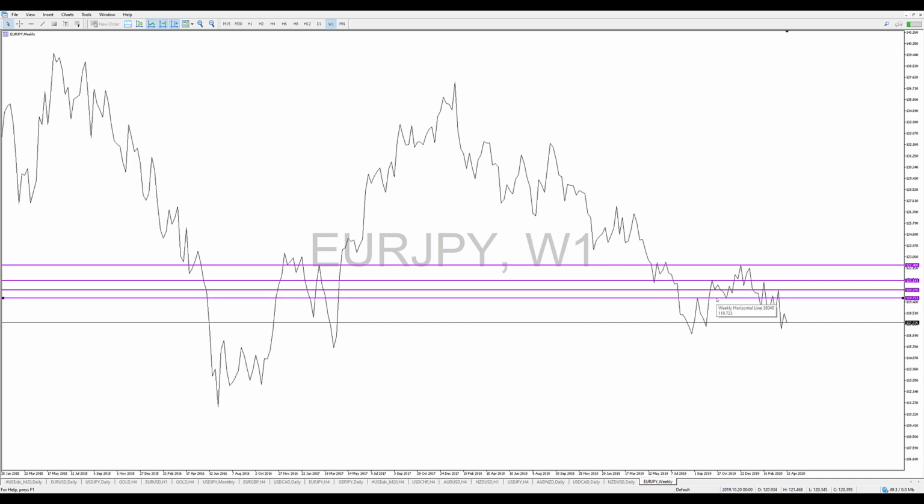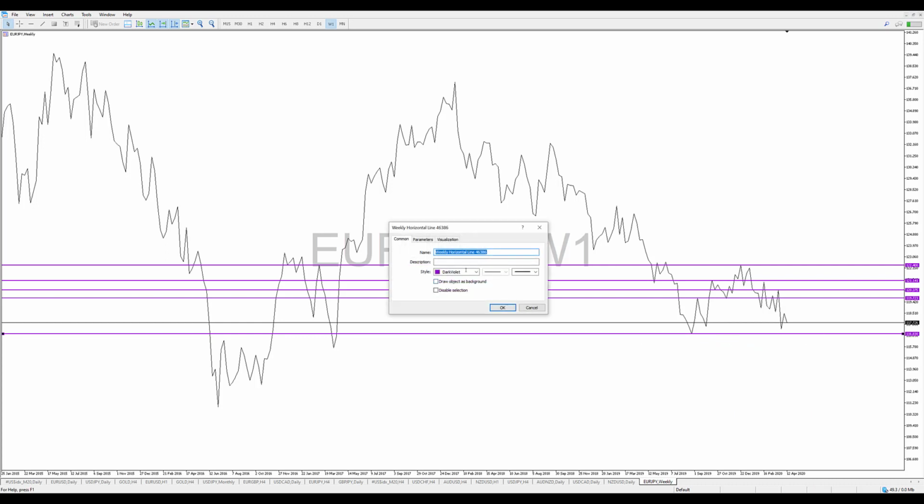So now I've marked the peaks. Now I'm going to mark the lows. I'm going to borrow this line here, then I mark this low, but I'm going to change the color now. I'm going to give it a red color.